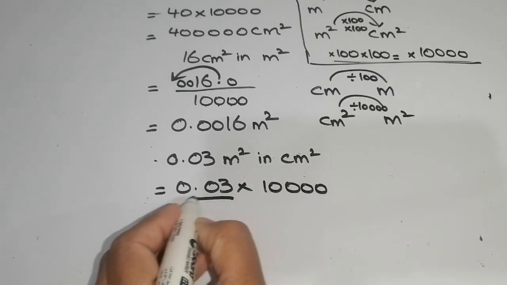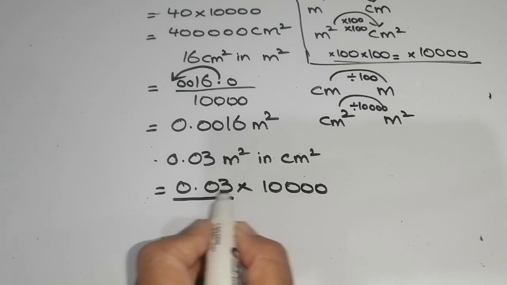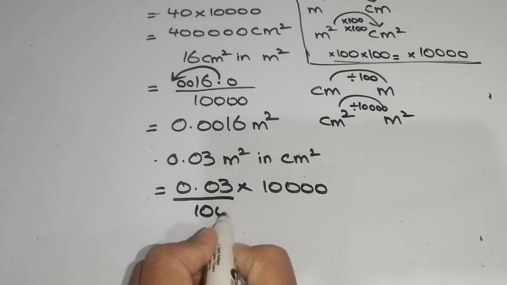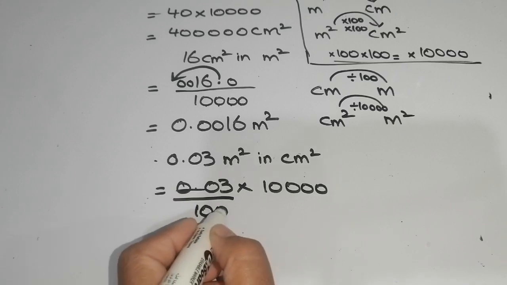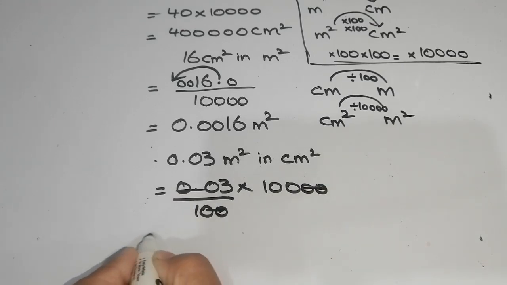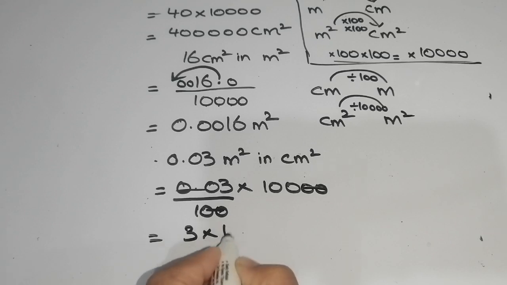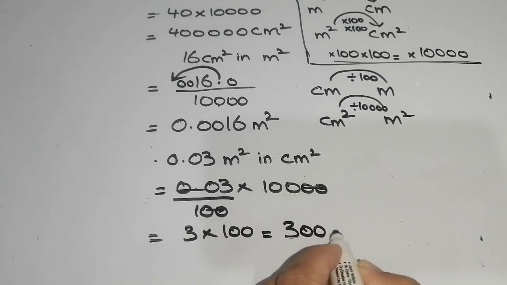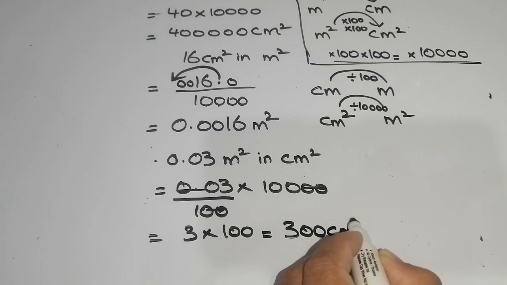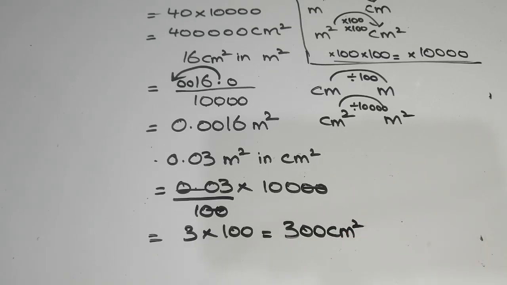Now to remove the decimal in 0.03, there are two digits after the decimal, so 100 will come and this decimal will be gone. Now I can cancel this 100 with the 10,000. So I'm left with 3 and 100. There is nothing left in the denominator. So 300 centimeter square. This is my answer.